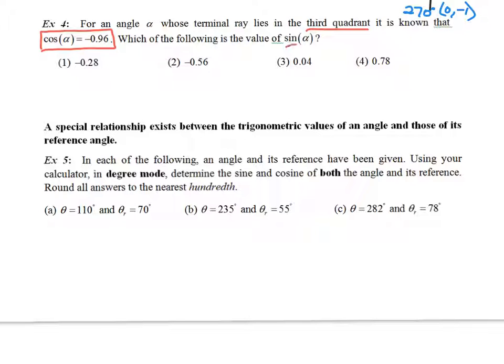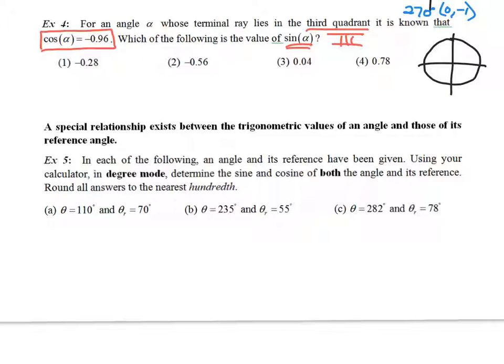We want the value for sine of alpha. Now, just to eliminate some answers here, in quadrant number 3, we know from our picture of our unit circle, first of all, sine is equal to the y-coordinate.